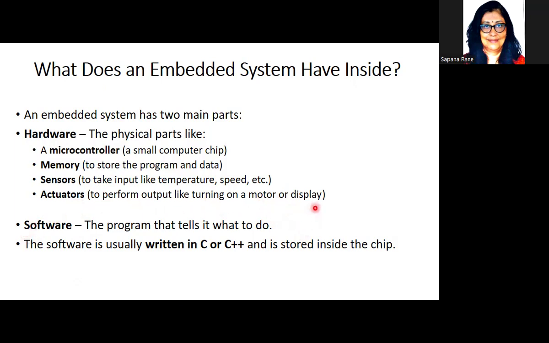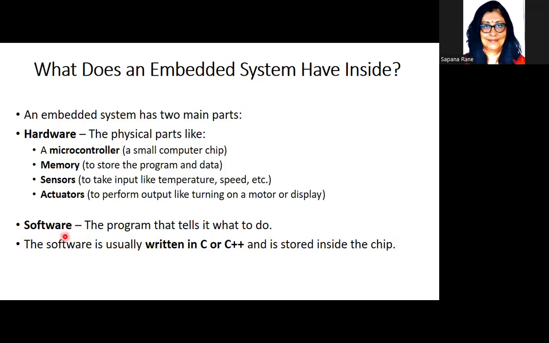Display is not actually actuator, it is going to display the quantity. But motor, solenoid and relay, they are actuators. Now, apart from hardware, the embedded system has a software. Whatever you can't see with the eyes, but it is doing work. It is called as a software.